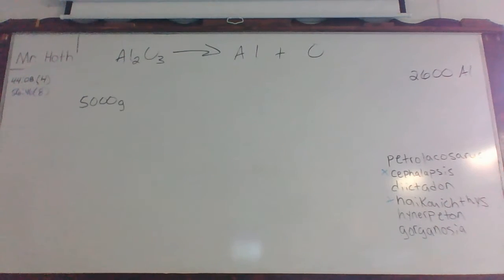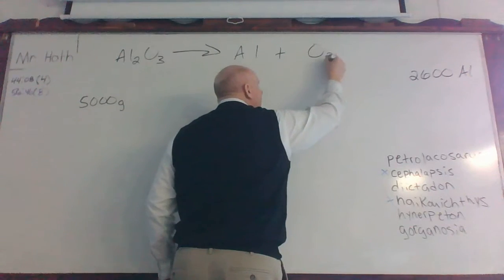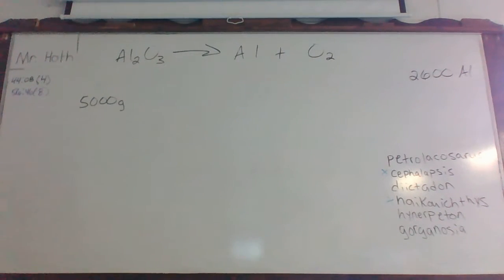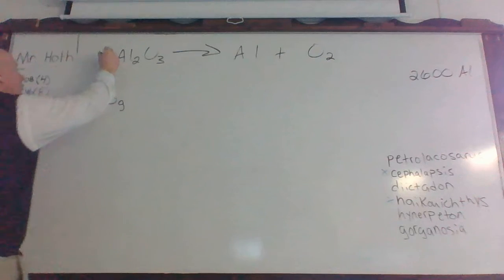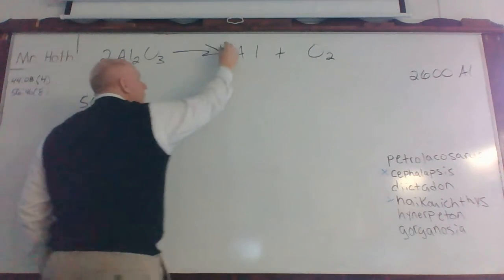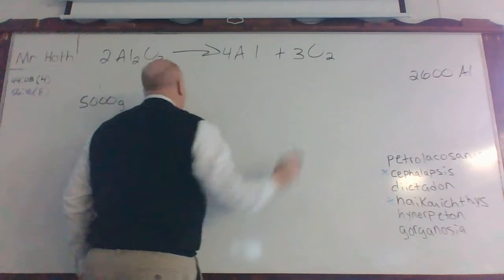So the next thing we should do is what? Yes, oxygen's a gas, so it is diatomic. So we're getting closer. Next thing, need to balance this. So, okay, 2 here. All right.